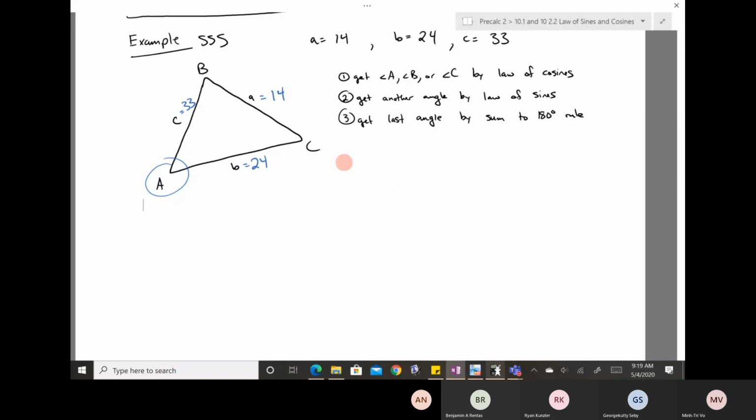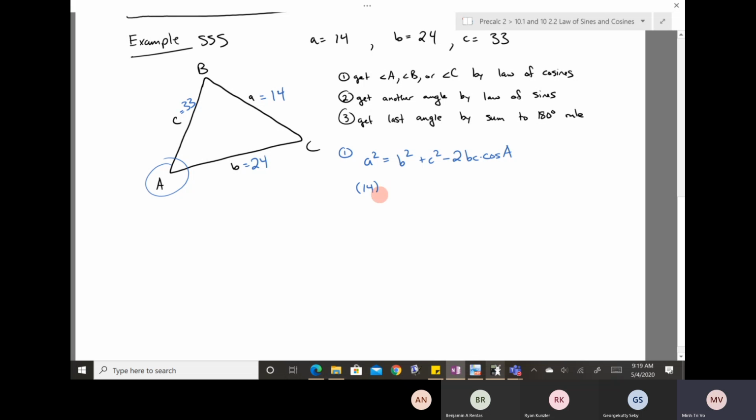Right, so for angle A, if you remember the law of cosines, the angle relates to the side, right? So this should be a squared. And then you have the other two sides. So b squared plus c squared minus 2bc times cosine of the angle, which is A. And then so now let's plug in the information, right?